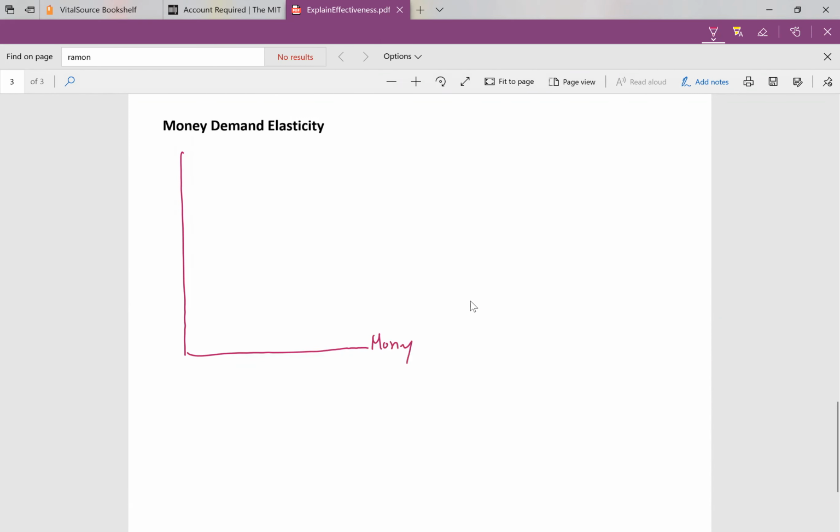Here's money. Here's the interest rate. This is the money supply. And I'm going to draw a money demand like this, a very steep money demand, an inelastic money demand. The equilibrium would be here, I0.